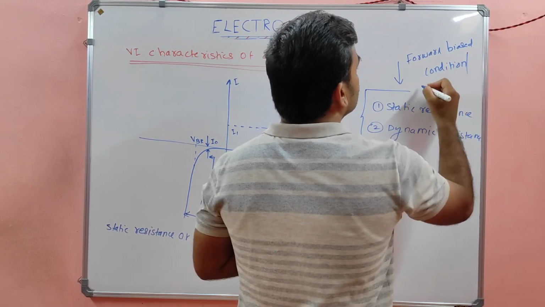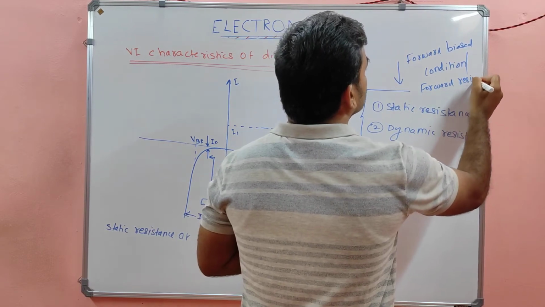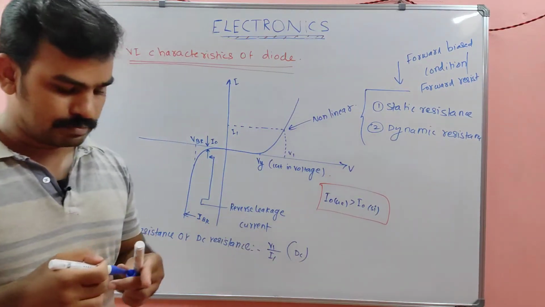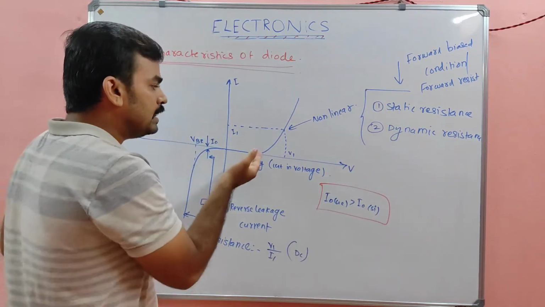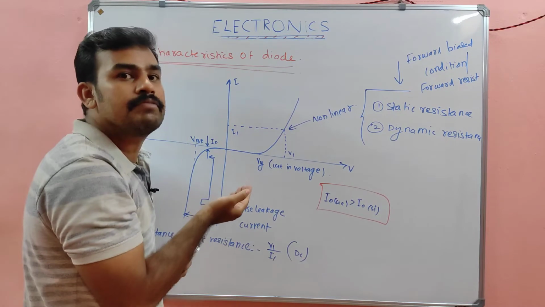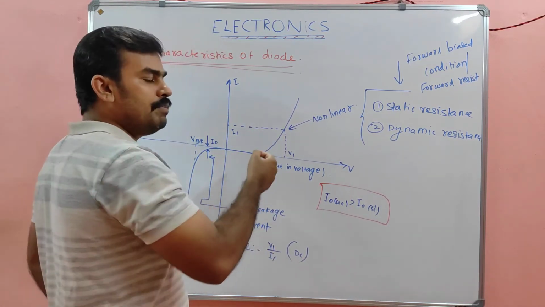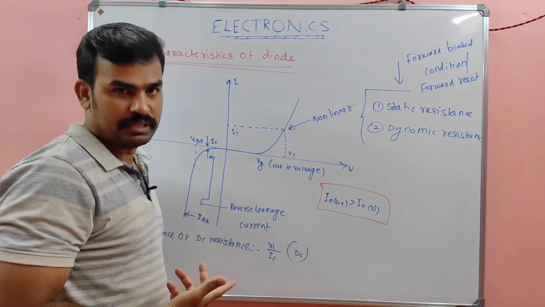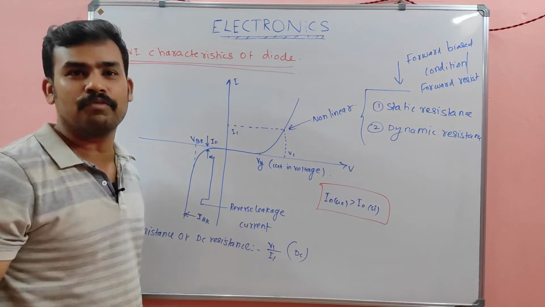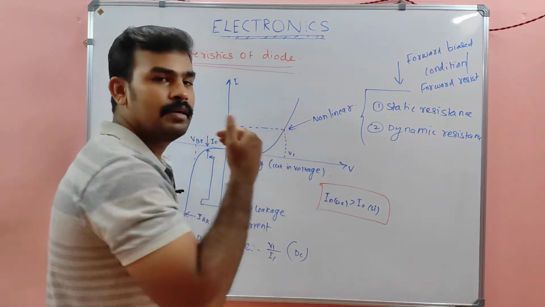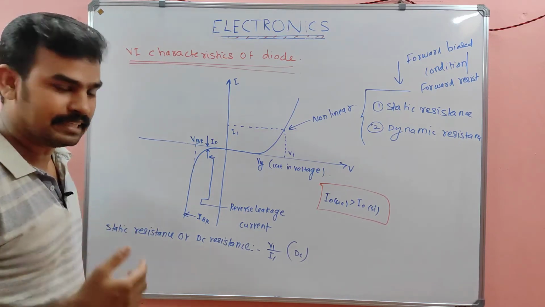This is nothing but forward resistance, because it is measured only when the diode is in forward biased condition. So what is meant by static resistance, my dear? Whenever we apply DC voltage to the diode and measure the DC current corresponding to any voltage value, that is called the DC resistance or static resistance.